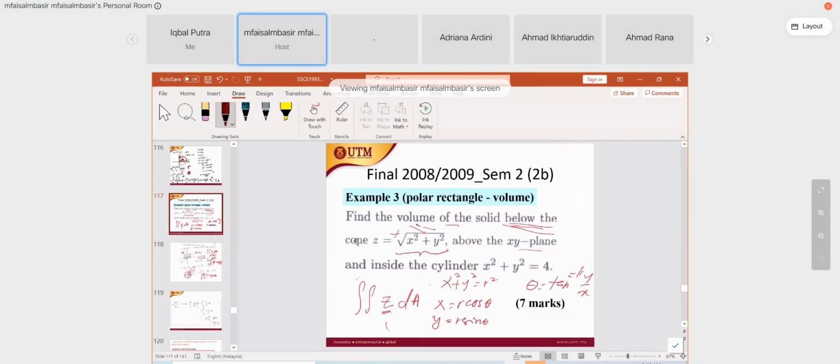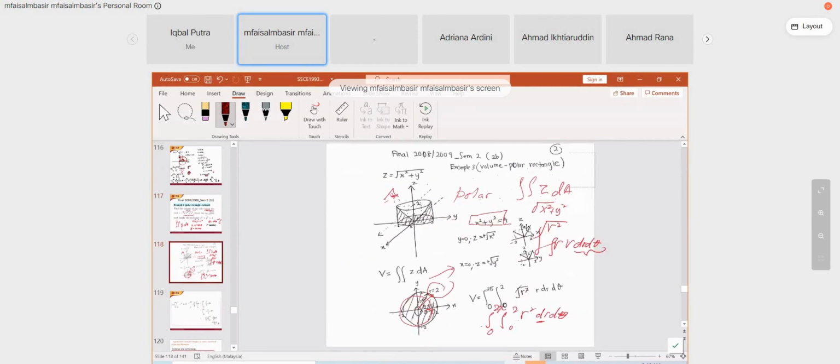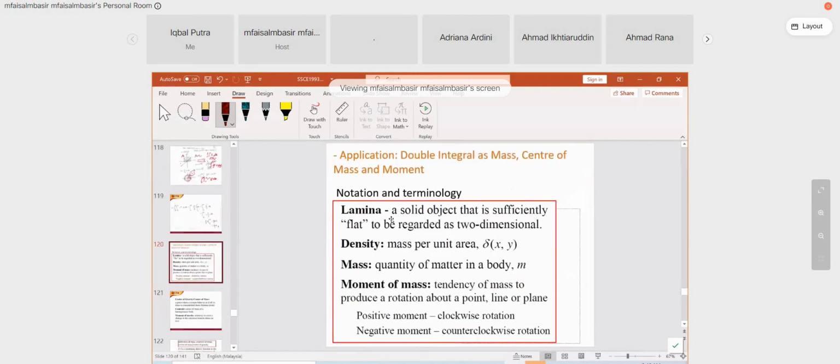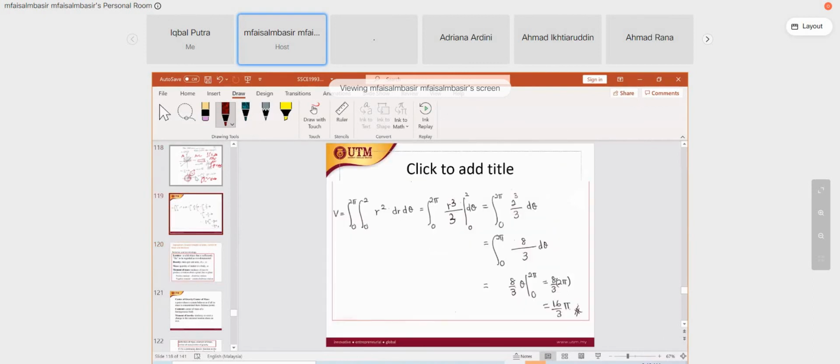And then your z is this, so this is just r squared, square root of r squared will be r. And then we have r dr d theta. Okay. This is just exercise, revision.